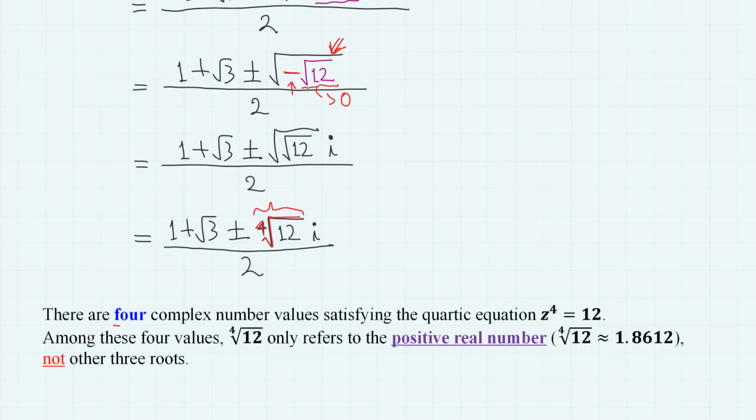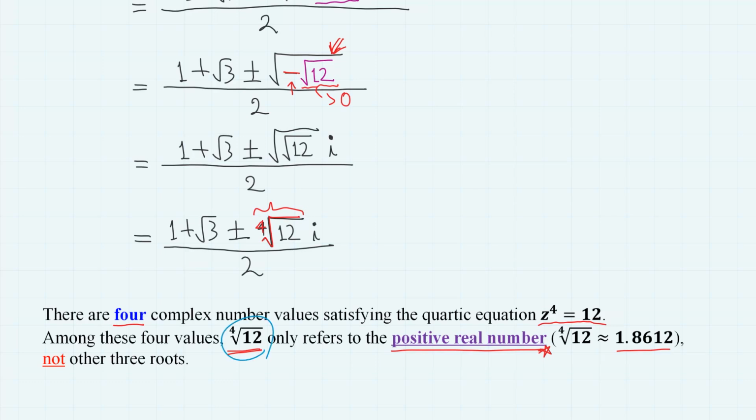You see, there are 4 complex number values satisfying the quartic equation z raised to the 4th power equals 12. Among these 4 values, this notation only refers to the positive real number, which is approximately this value. Why? Because that's how this number is defined.